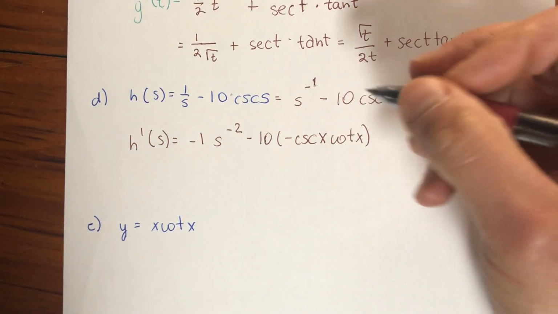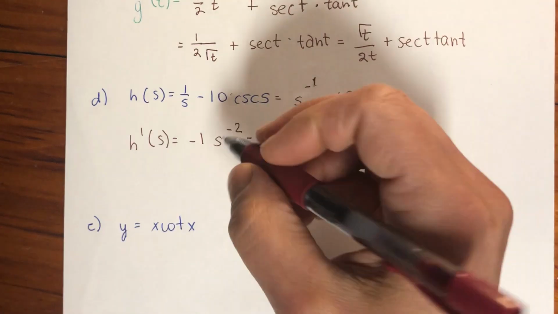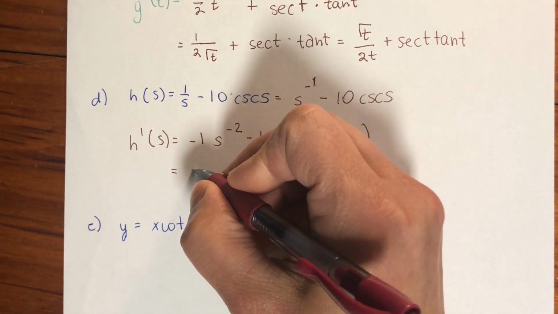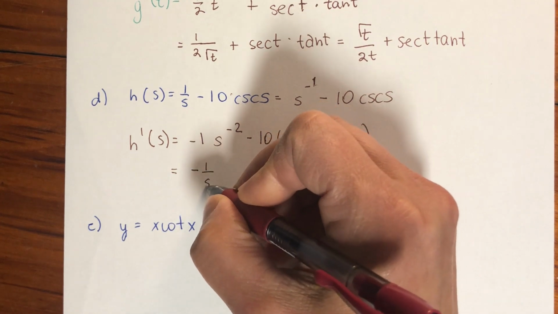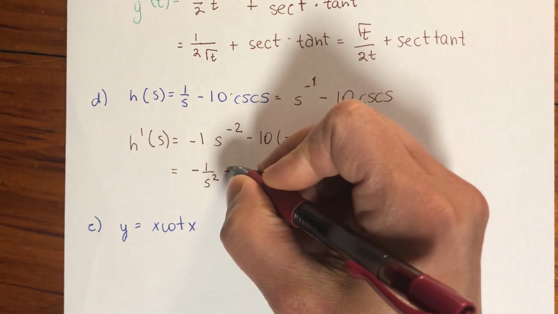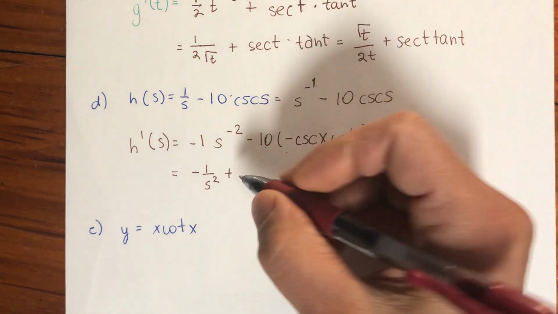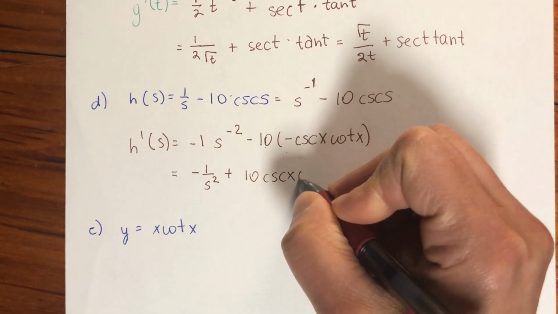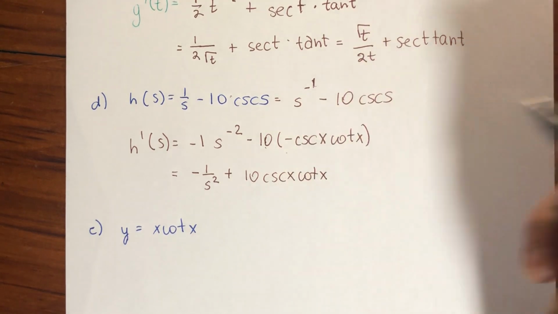And again, we do need to clean this up. I have a negative exponent. So I am going to write this as negative 1 over s squared plus, as I have 2 negative signs, 10 cosecant of x cotangent of x, and that's it.